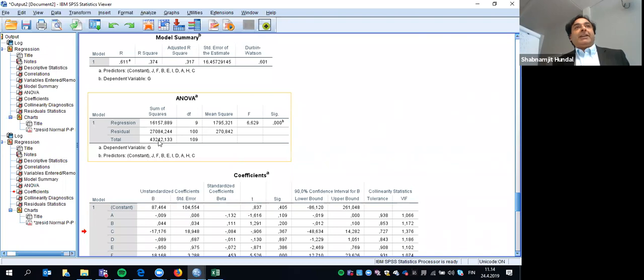How much change in A, B, C, D, E, how much change in G is explained by change in A, change in B, change in C, D, E, F, H, I, and so on. So question is, how much change is explained by the regression coefficient? And here we go.